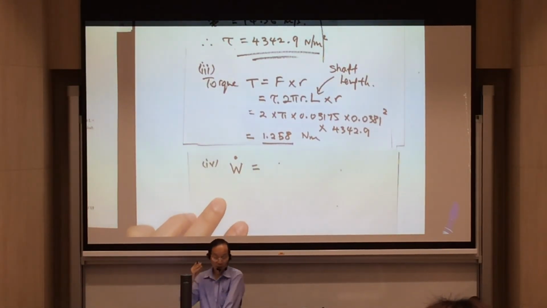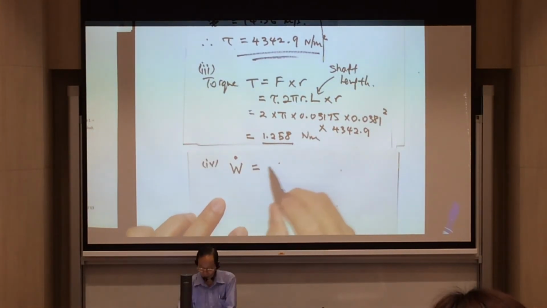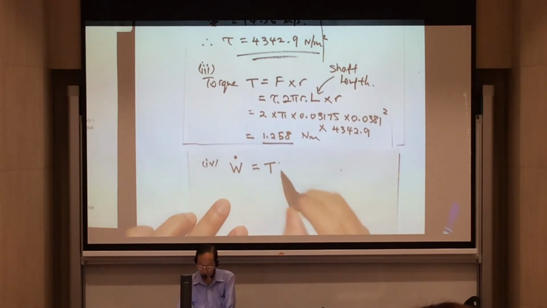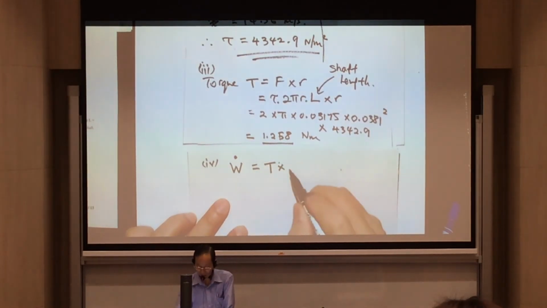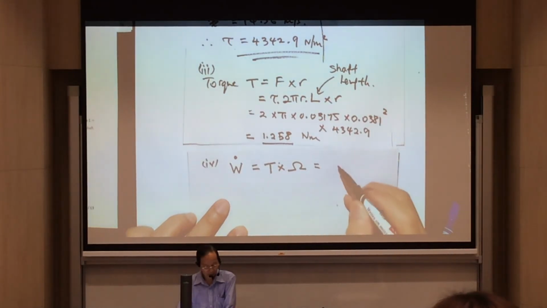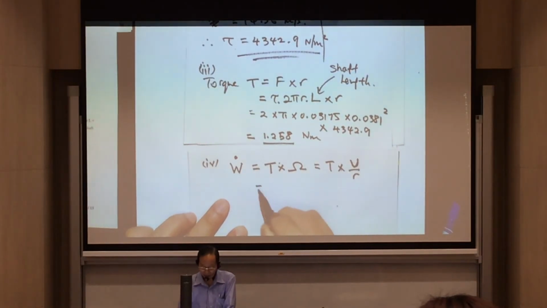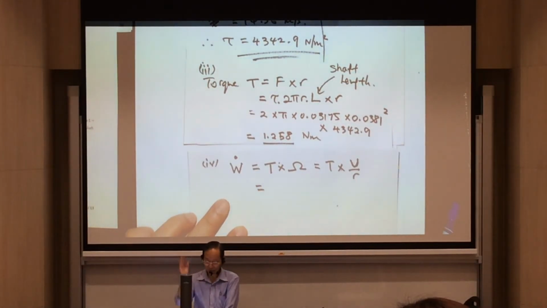The formula relating power and torque for a circular shaft is simply torque applied times omega. And you know what omega is: u over r, and r is a, because it is on the shaft surface.